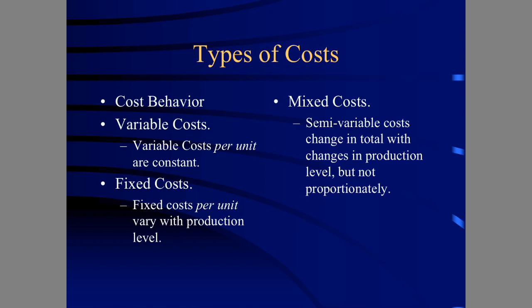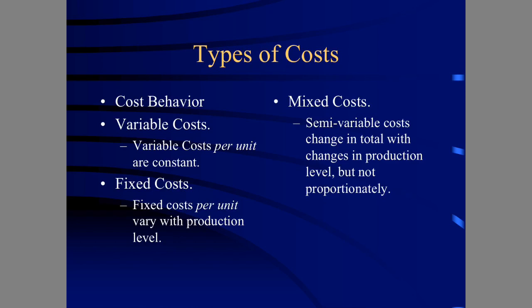We have variable costs, and variable costs per unit are constant. So for example, the more prescriptions we fill, the more prescription vials and labels we'll use. Fixed costs are things that are already paid for. They don't vary with production level. We are open a set amount of hours, 9 a.m. to 7 p.m. We have to pay the electricity regardless.